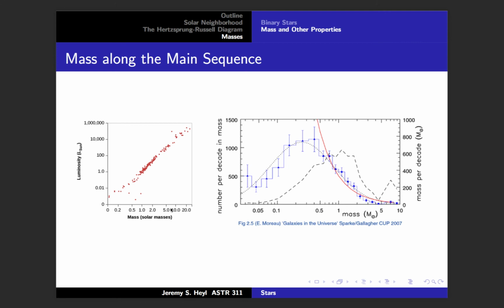If it's 10,000 times brighter, we can see it from 100 times further away than a fainter star, right? We can see that 10 solar mass star from a distance 100 times greater. Our sun, we can barely see it if it were at 10 parsecs. But a 10 solar mass star, we can see at 100 times further, 1 kiloparsec.